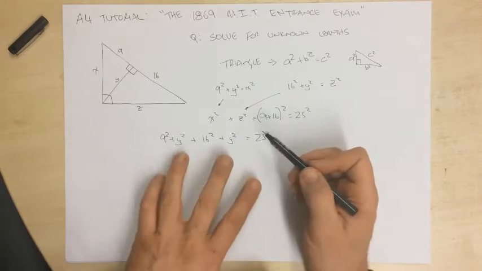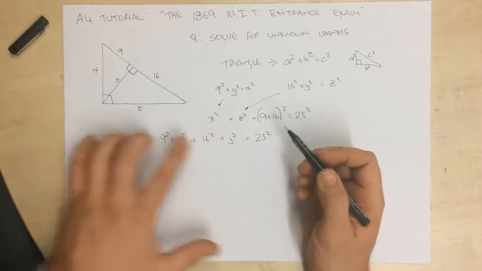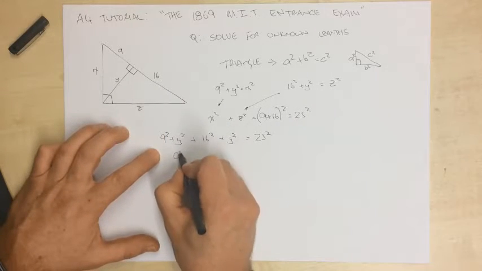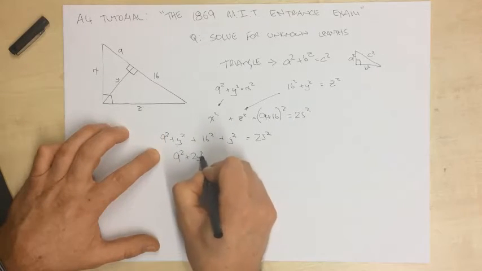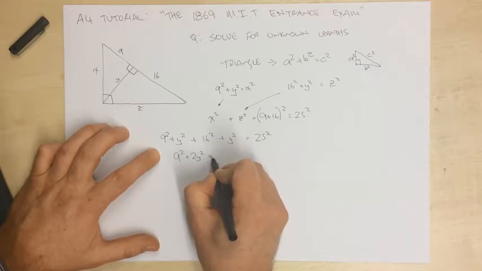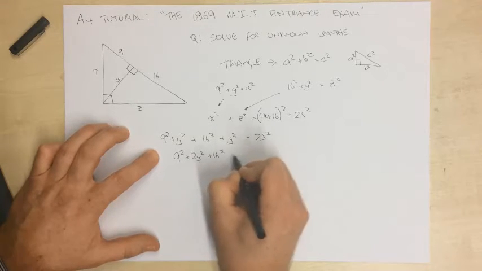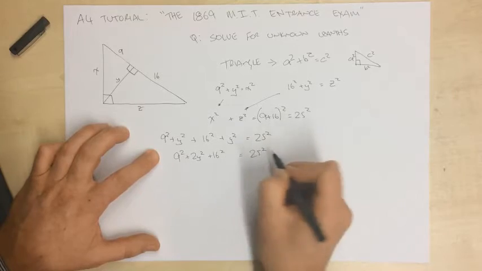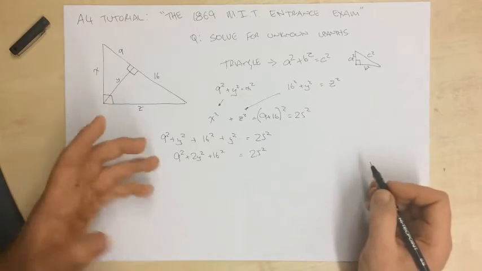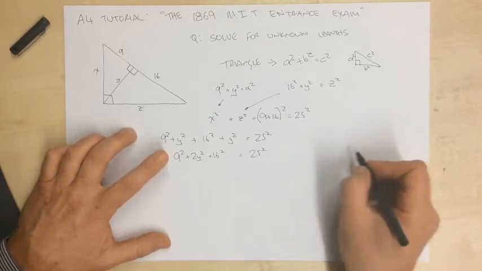We've only got one unknown, and that's y, and we can simplify this down. 9 squared plus 2y squared plus 16 squared equals 25 squared. Again, high school maths, simplify that down.